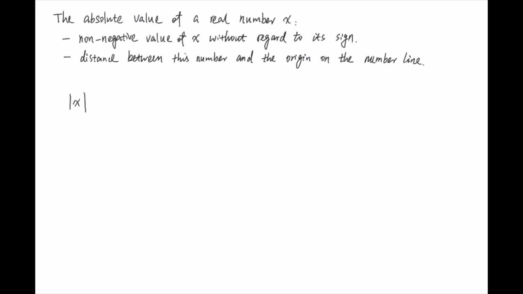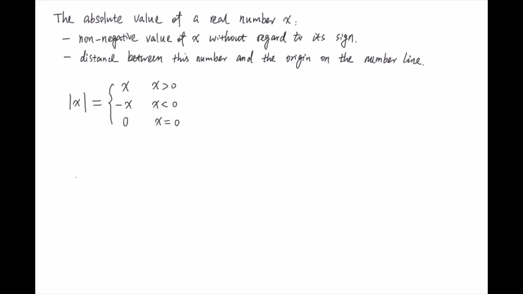According to the definition of absolute value, the absolute value of x equals x when x is positive. It equals -x when x is negative. It equals 0 when x is 0.